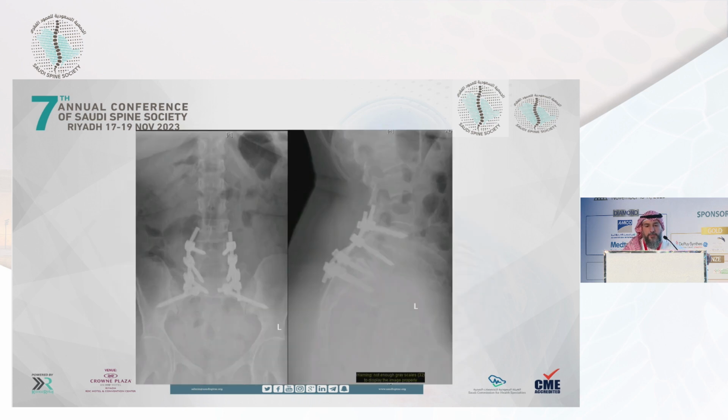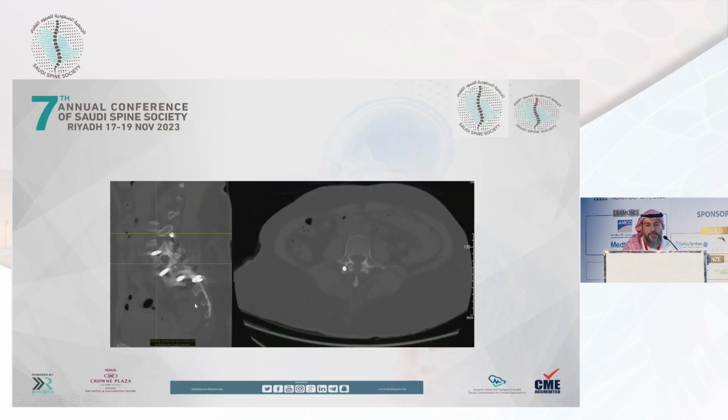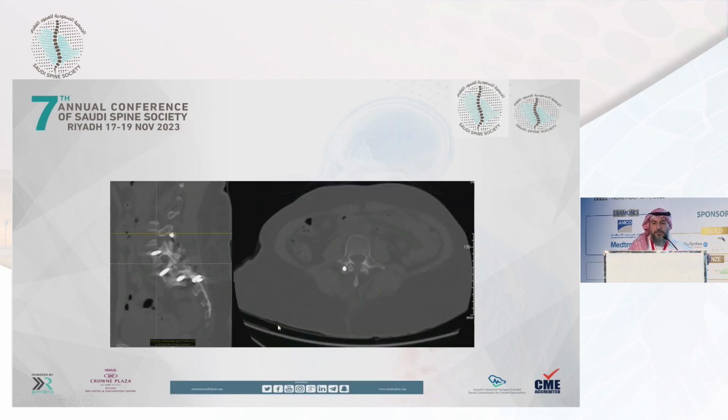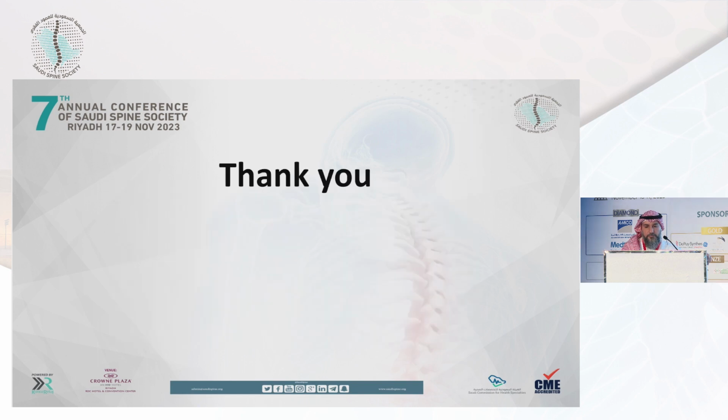You can see it's almost beside the S1 screw to put the S2 iliac screw in proper position, while here it will be near hitting the sciatic notch, or you will need to aim upward. So studying the image will help you significantly to avoid struggling during the procedure. Thank you.